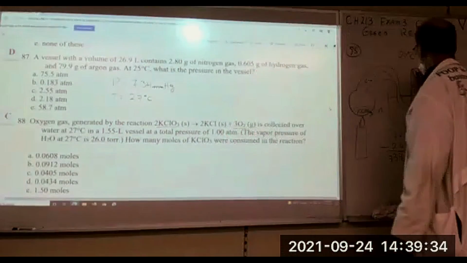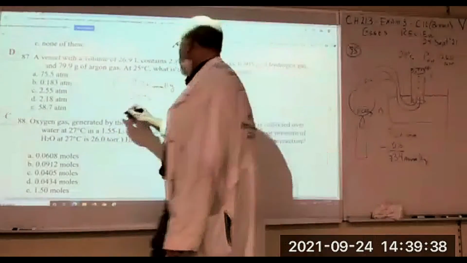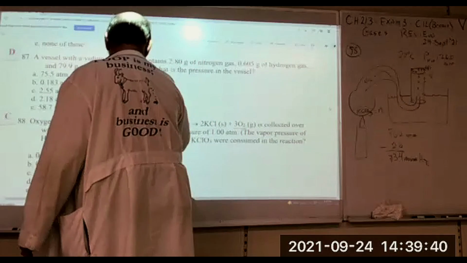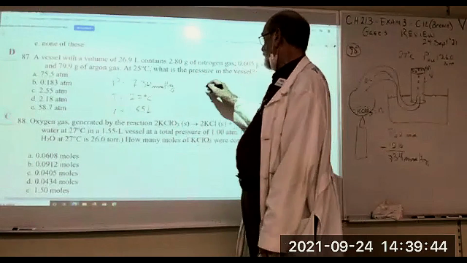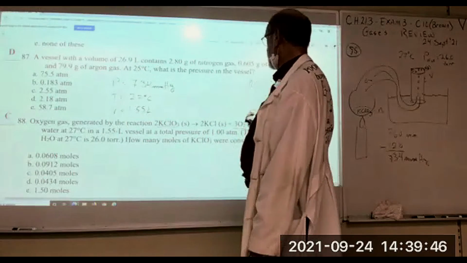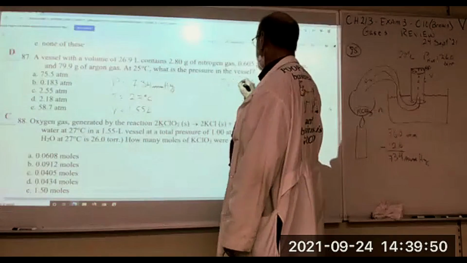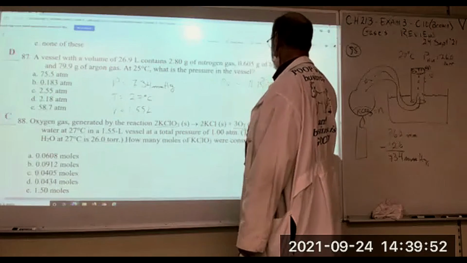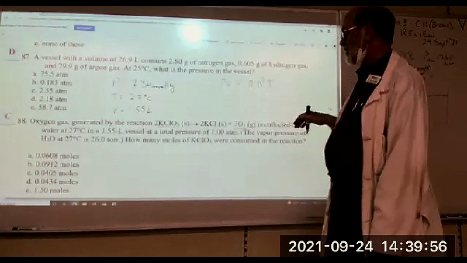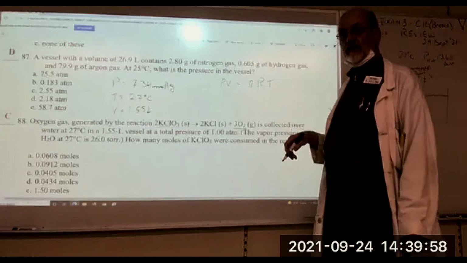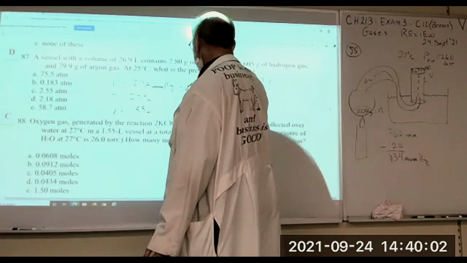That's this volume up here. 1.55 liters. Okay. And we want to find out moles, correct? So pressure times volume equals moles times the ideal gas constant times temperature. I think we have enough information, don't we? We just need to find atmospheres here.